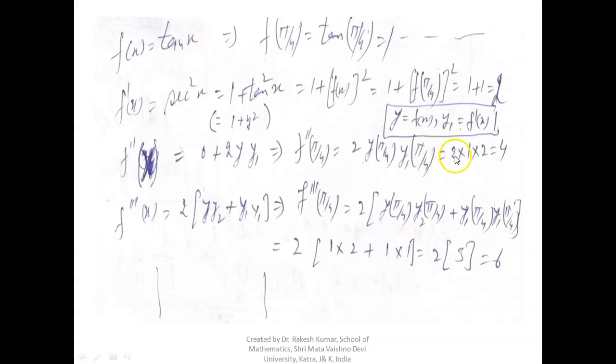So 2 into y at pi by 4, which is tan pi by 4 equal to 1, and y1 at pi by 4, which we just obtained as 2. So it is 4. Similarly we can find f triple dash x. Again, just take this and differentiate it, with 2 outside, using differentiation of a product of two functions, and we obtain 6 as the value.